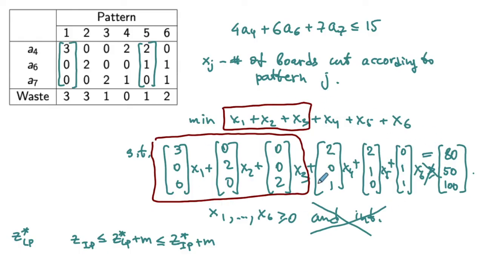We just focus our attention on the restricted number of patterns, and then we will generate only the columns that can contribute to the optimal solution. So this way we can have significant savings in space requirements and solve our problem more efficiently. So let's write down the restricted version of this problem, which is what we call the restricted master problem.